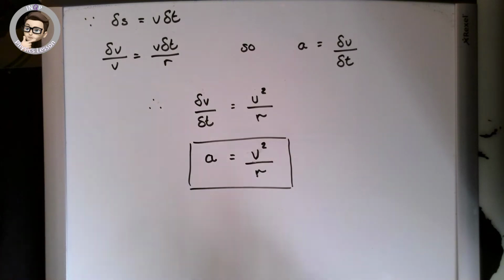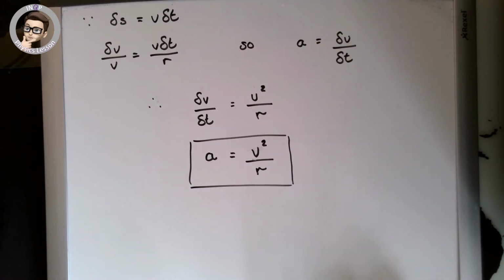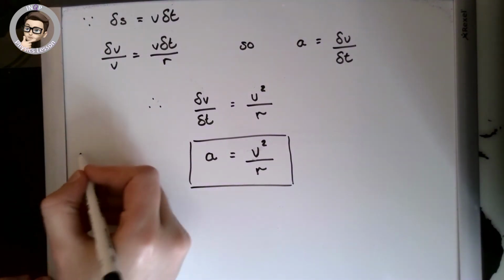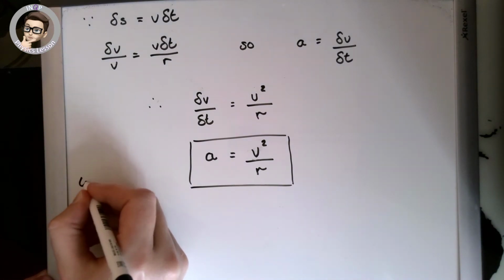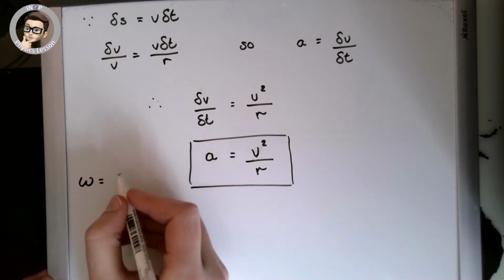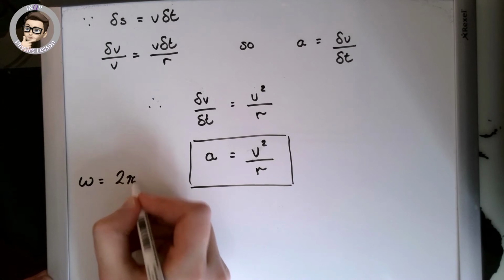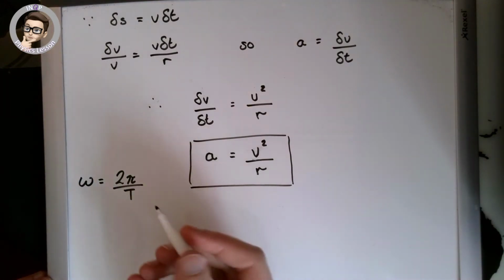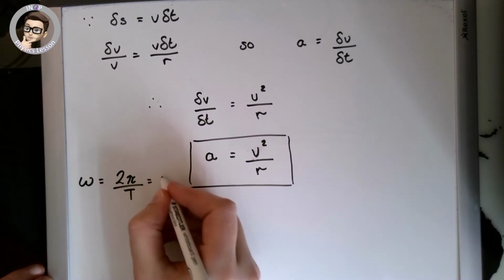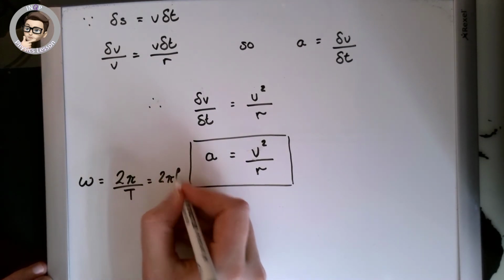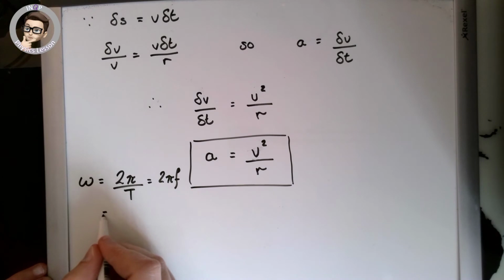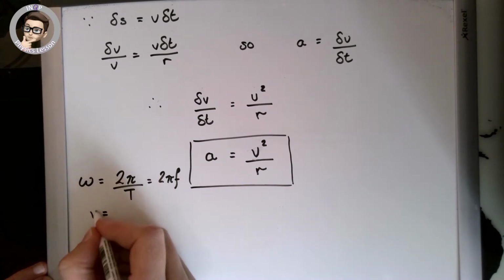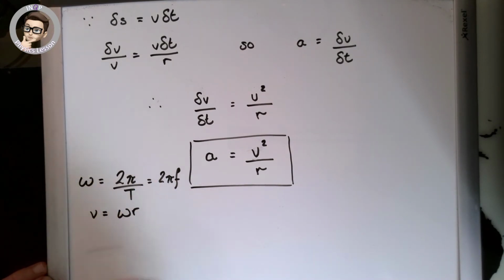Now we can also use some of the information from last time, because hopefully you remember that angular speed, omega, is equal to 2 pi divided by the total time period, which is also 2 pi f from last lesson. And hopefully you can also understand that v is equal to omega times r. That's an important one, so go back and check it if you haven't understood it.